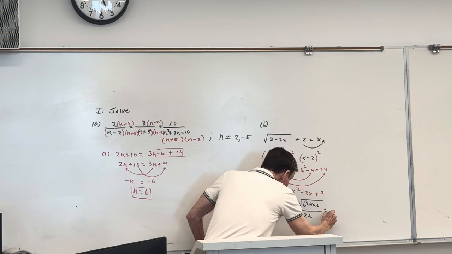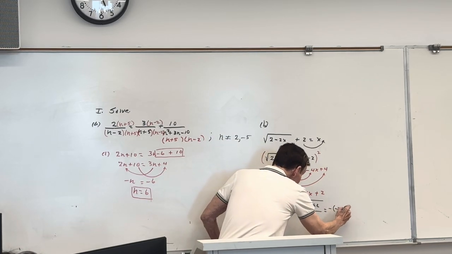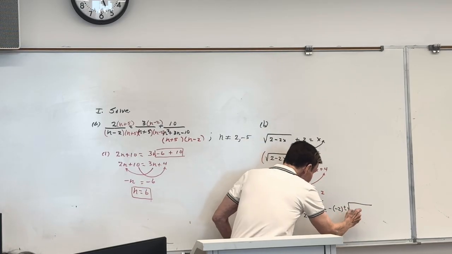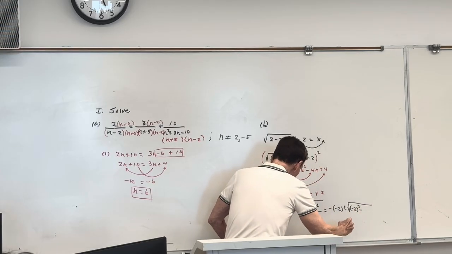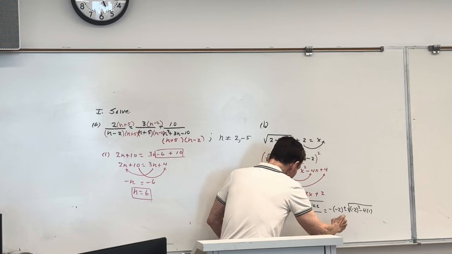We all know how that quadratic formula works. We end up with negative and negative 2, that's my b, plus minus square root, b squared, negative 2 squared, subtract 4 times a, which is 1, c is what?